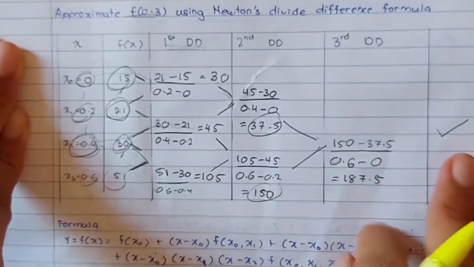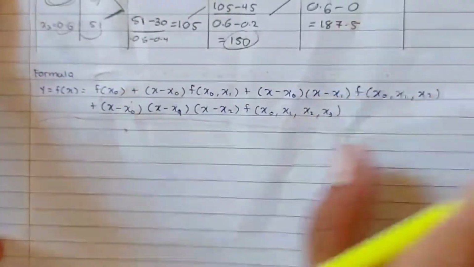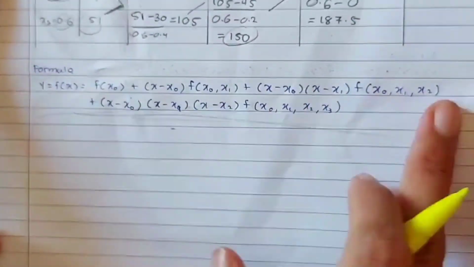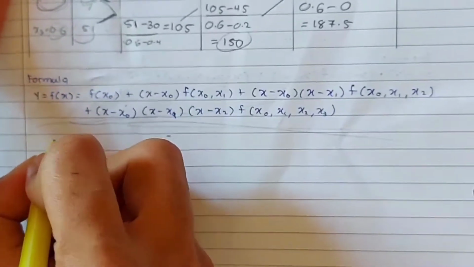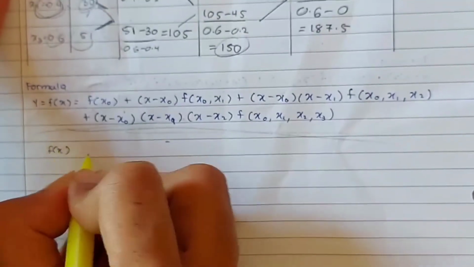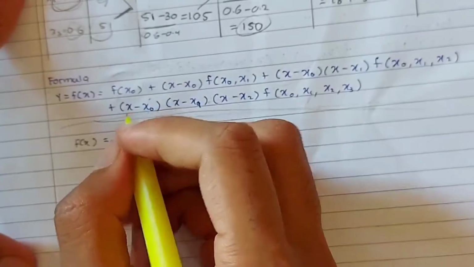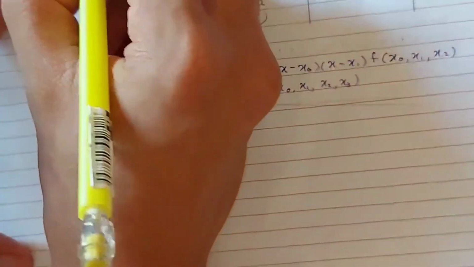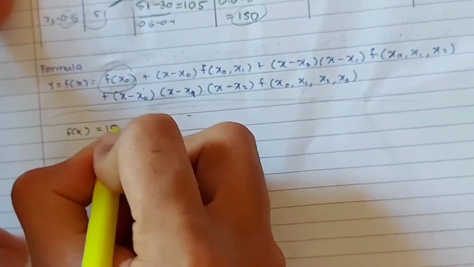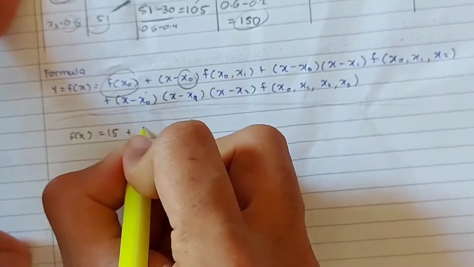And then we look at the formula. For the first one, we have f(x0), taken from the table, 15, plus x minus x0. x0 is our first x, so 0.